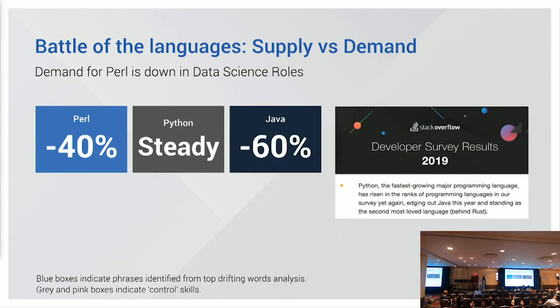What we found was that Python remained quite steady, and Java has actually gone down a little bit in this time. That was interesting when you compare it to the Stack Overflow Developer Survey, where Python is becoming really popular among developers to learn, while the number of jobs asking for Python hasn't gone up. But this actually underlies a more interesting story.